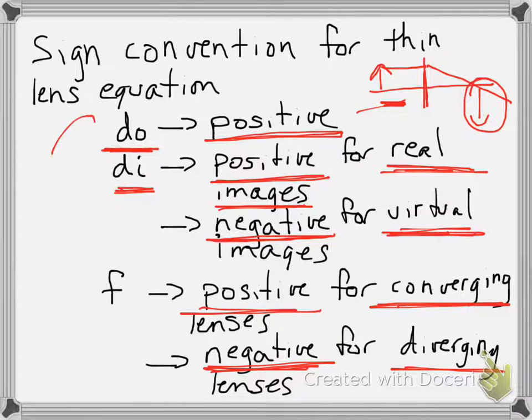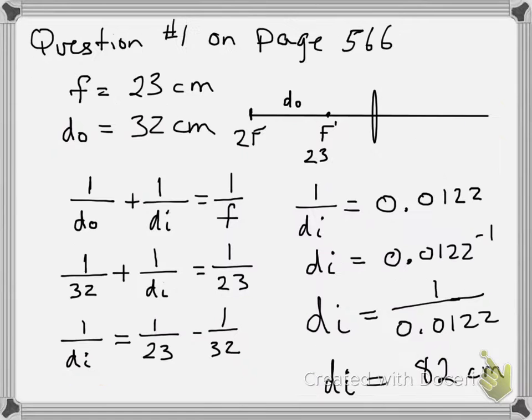So we're going to use this information right now in word problems. We're going to use the thin lens equation. You have to interpret your distance of the object, distance of the image, and your focal length depending on whether the image is real or virtual, and whether you're dealing with a converging or diverging lens.